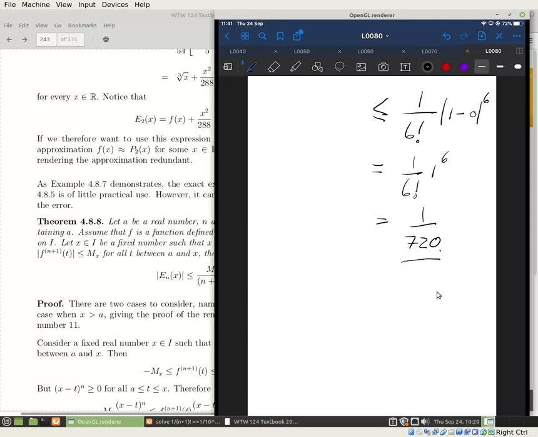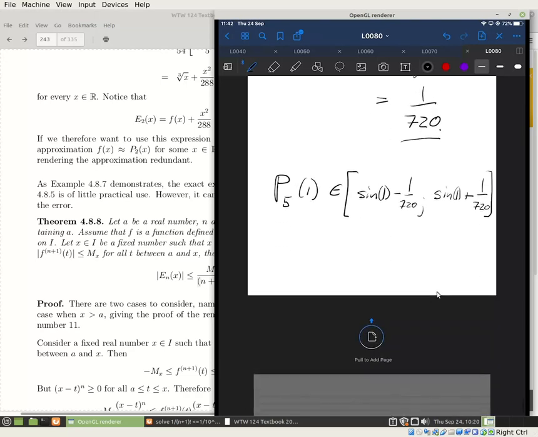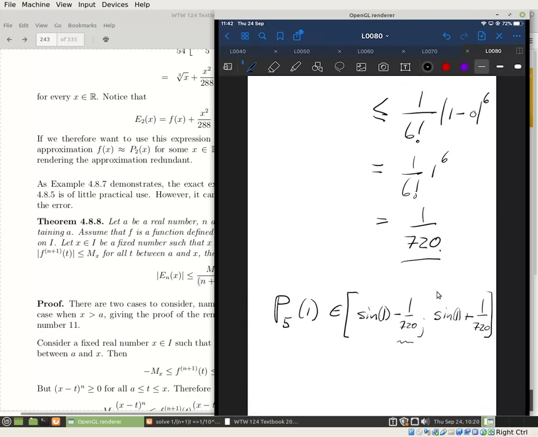Let me write it this way: p5 of 1 is somewhere in the interval sine of 1 minus 1 over 720, comma, sine of 1 plus 1 over 720. So it is somewhere in this interval.